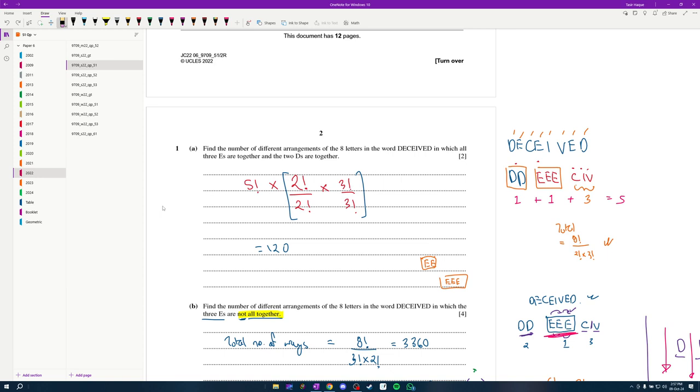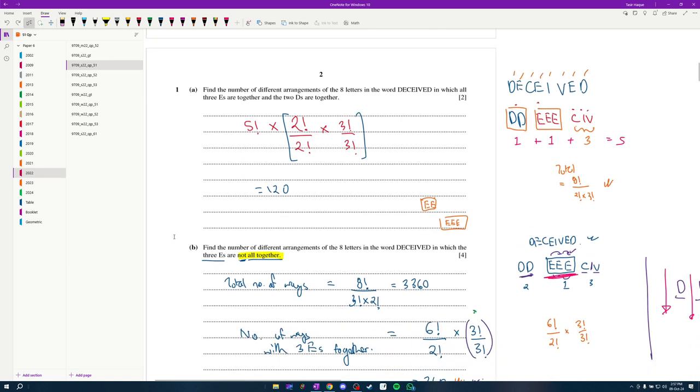120. Find the number of different arrangements of the 8 letters in the word deceived in which the 3 E's are not all together. Okay, this is very important. This is what I taught you today in the beginning. What does that mean?